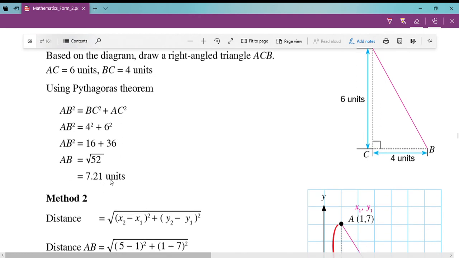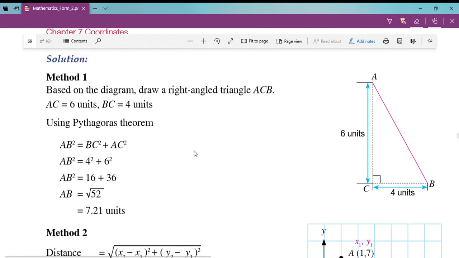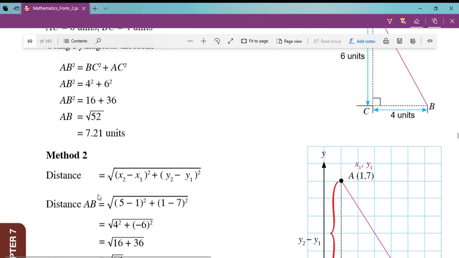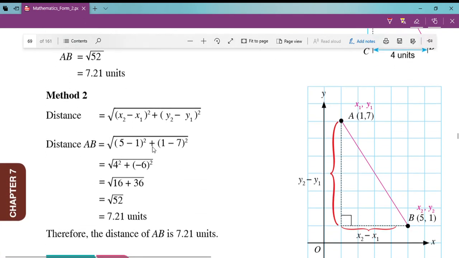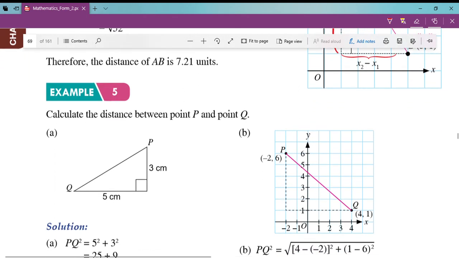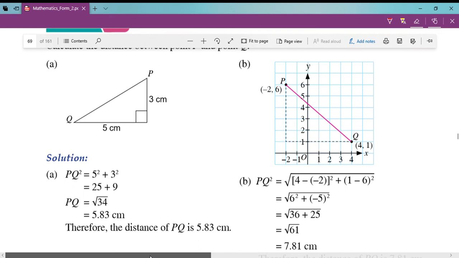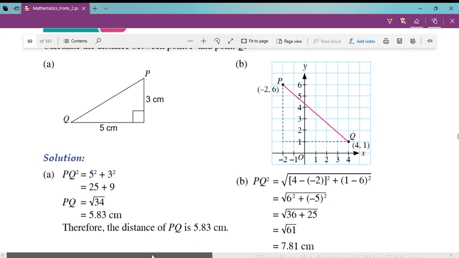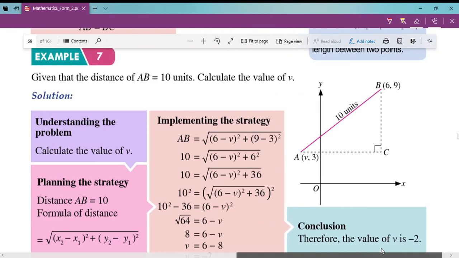Here is a way they show you, but I'm using a different technique. I'm using the coordinates technique, which is shown in method 2. The most important part is you must know how to follow method 2 by using Pythagoras theorem in the Cartesian plane. Please look at the next example, which gives the answer.